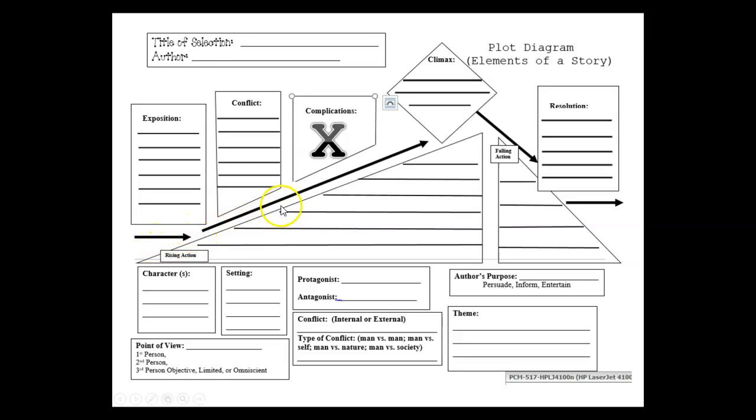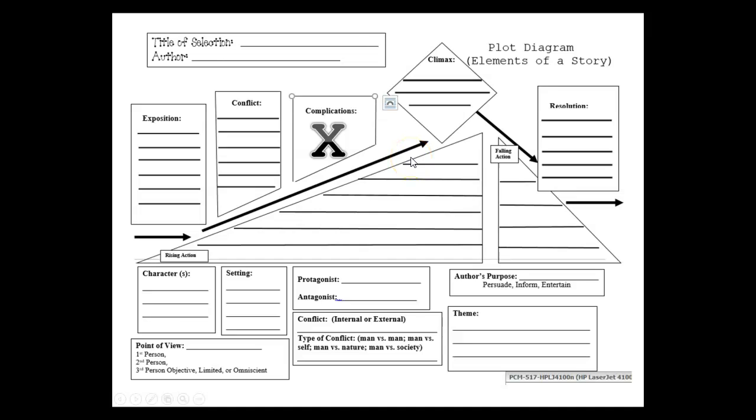Your rising action will begin as soon as we figure out what the conflict is between the protagonist and the antagonist. So once you've figured out who the main character is, then you'll have the antagonist who comes along and gives the protagonist a problem. Once you identify that conflict, then the rising action begins to develop.